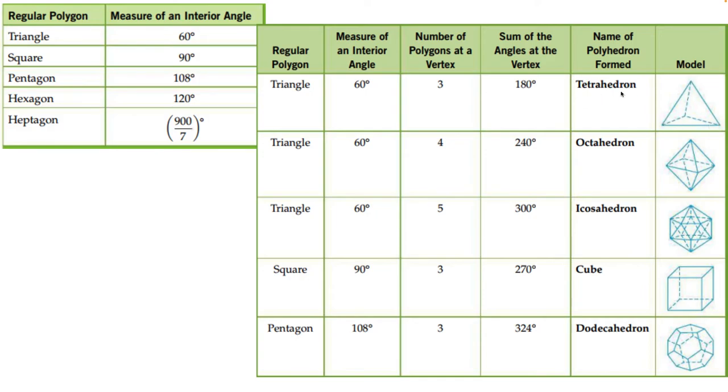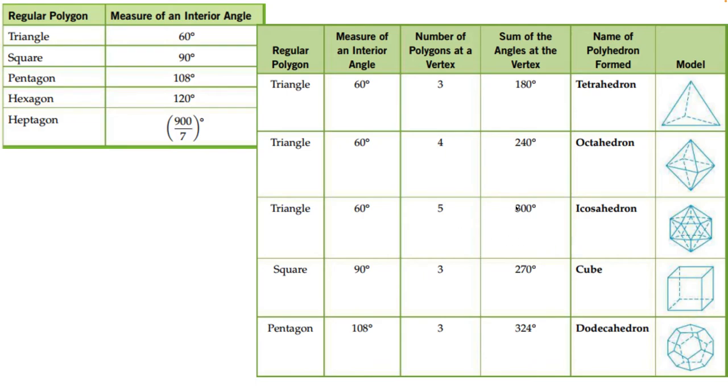For tetrahedron, if you have 4 of them, number of polygons at one vertex, we have 3 faces meeting there, right? So there are 3 of them. And for this one, at this vertex, we have 4 faces. And each angle there will be a 60-degree angle because we have a triangle there. Triangle, 60 degrees, 60, 60, 60. But we have at one vertex 1, 2, 3, 4, 5 faces.